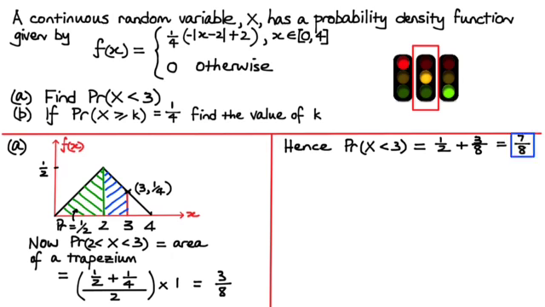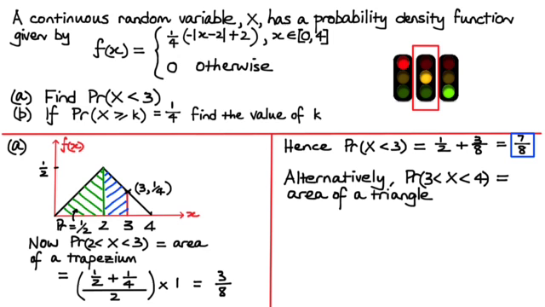Now, alternatively, as I was saying before, by exception, we could work out the area of the little vacant triangular area over here and then subtract that from 1. That'd be pretty easy too, because the area of that triangle is the base times the height over 2, which is 1 times a quarter over 2, which gets us 1/8.